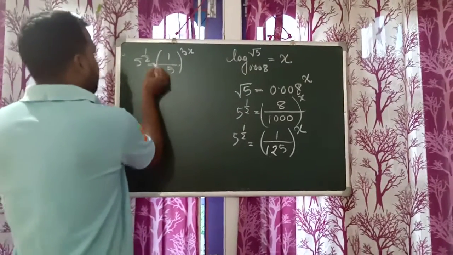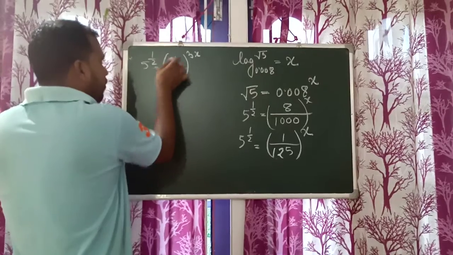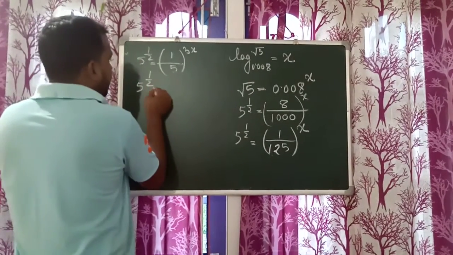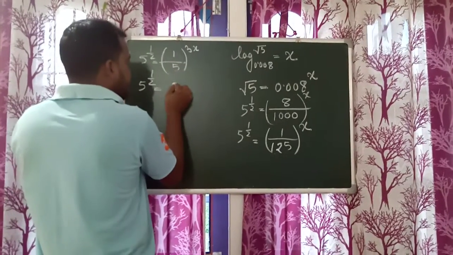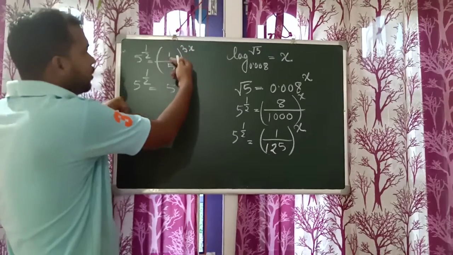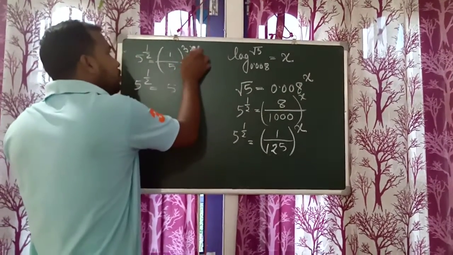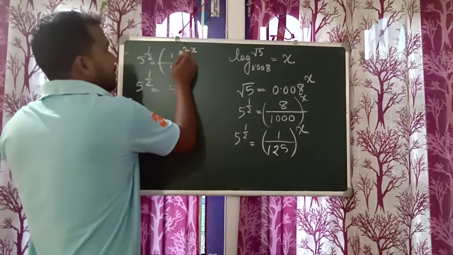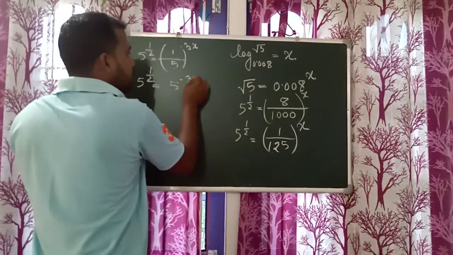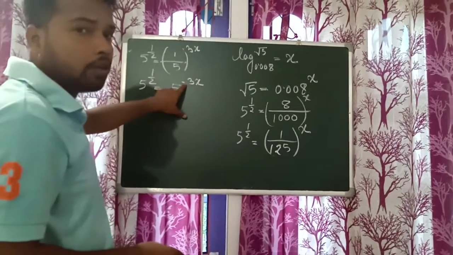Here this one is 5, here this one is 1 by 5. We can change it. If you inverse it, then it will become 5 by 1. Then you have to put the negative sign: since this one is positive, here you have to put negative.